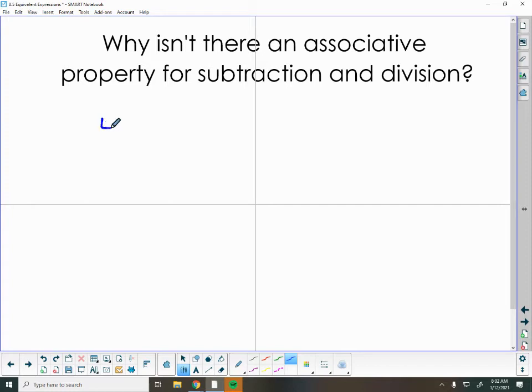So if I have the problem, let's do 14 minus 7 minus 2. Let's try associating 14 and 7 together first, and then we'll try to associate these 7 and 2. I'm just moving the parentheses to associate these, not saying do these first.